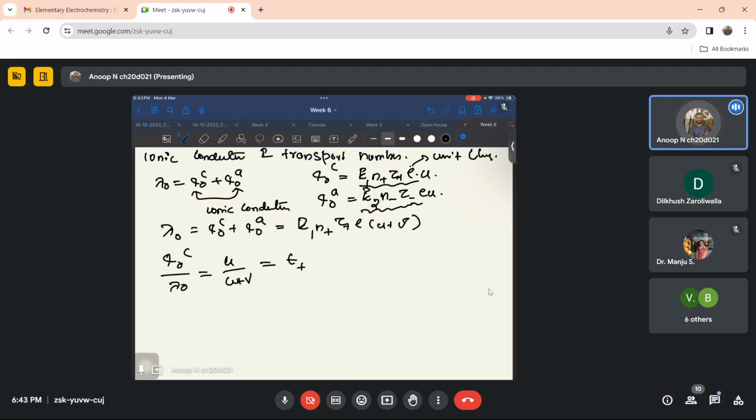Similarly L0 anion divided by lambda 0 is T minus. So L0 cation is equal to lambda 0 into transport number of cation, and L0 anion is equal to T minus into lambda 0.